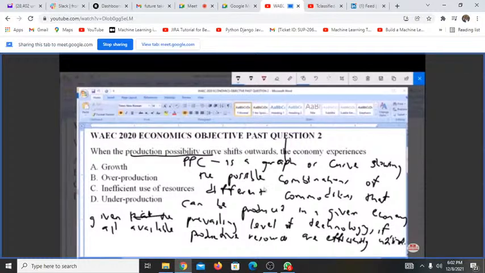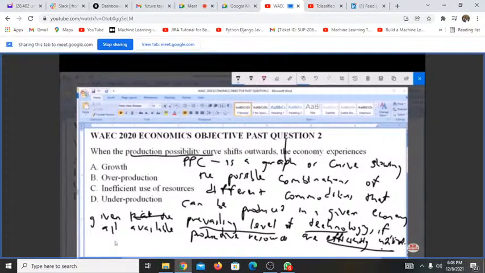So as we have stated here, it is just a curve that shows possible combinations of various commodities that can be produced based on the prevailing level of technology, and if all productive resources are utilized efficiently. Now, in a production possibility curve, there are two ways it could shift.